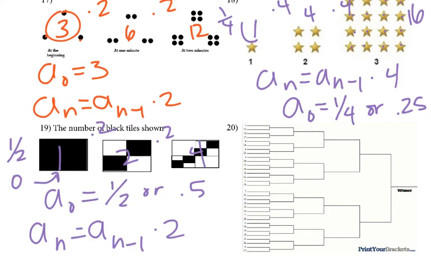Okay, now 20, we're dealing with a bracket here, okay? So, and with this, that's the start of the term, so we could consider this to be the beginning, the 0 term. So at the 0, we have 32. Let's actually write this in a different color. Okay, so at the 0, we have 32 teams. After the first round, we're down to 16.